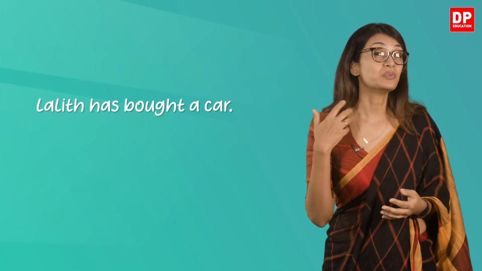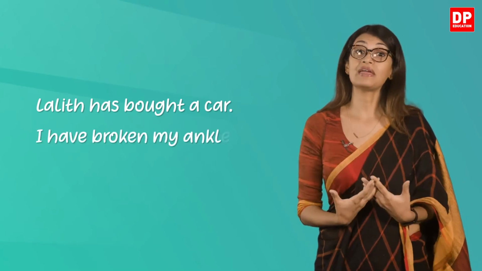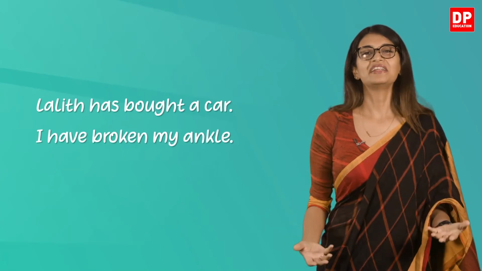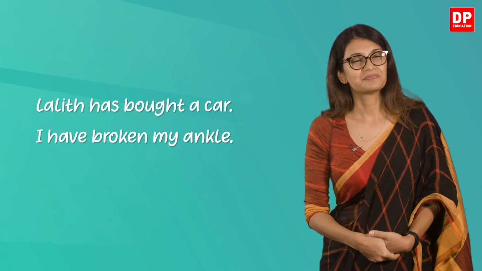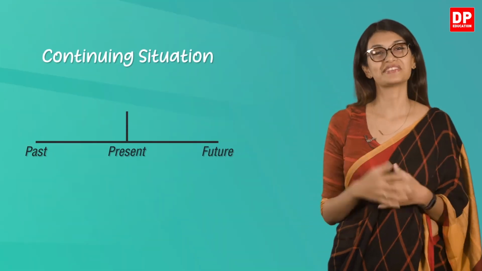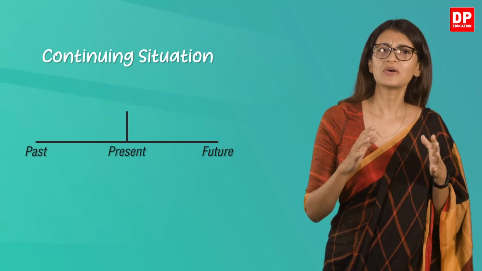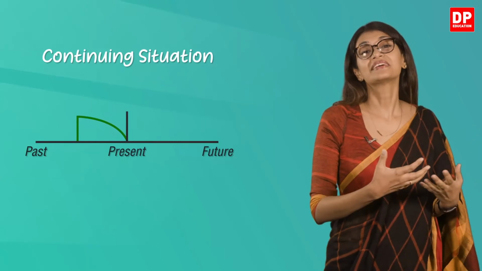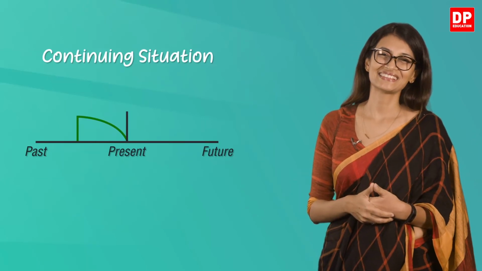Similarly, if I were to say, I have broken my ankle, this shows that yesterday my ankle was fine and only today it broke. We also use the present perfect for continuing a situation. That means it talks about a state that started in the past and one that continues in the present.